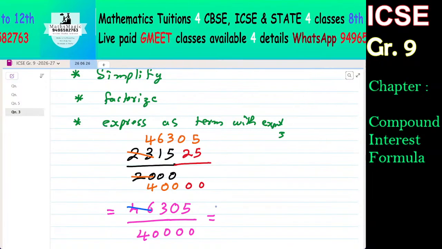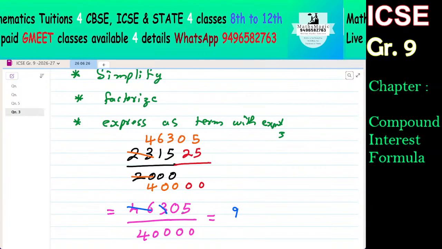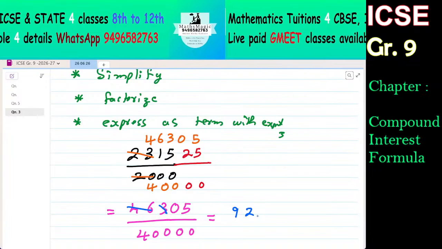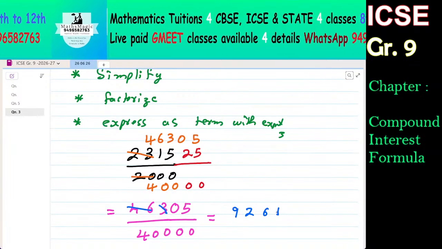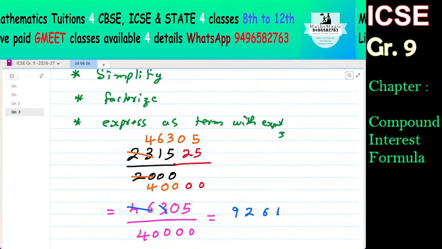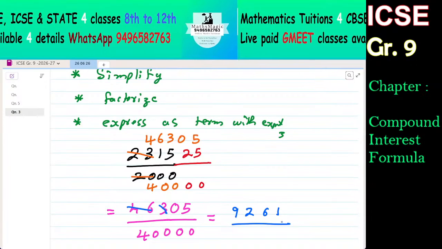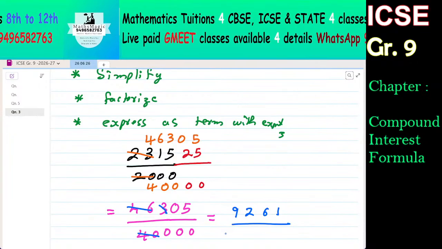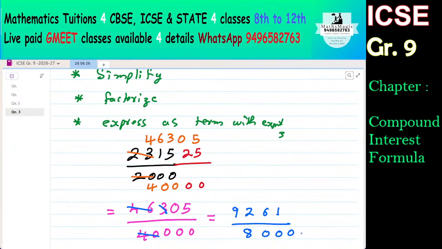So 46, 9 5s are 45, 13, 2, 36, 1. 48, 0. Okay.